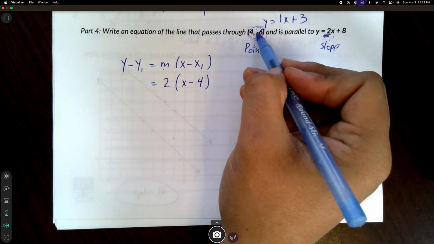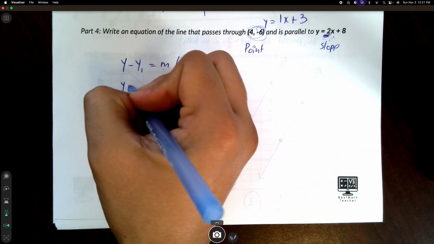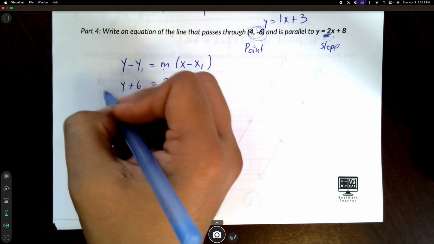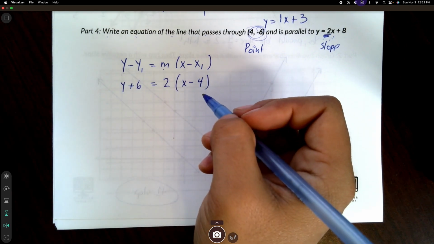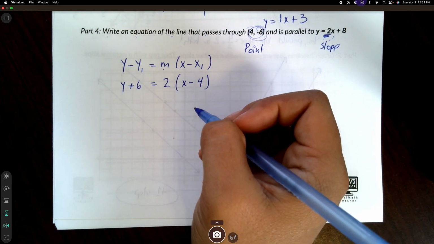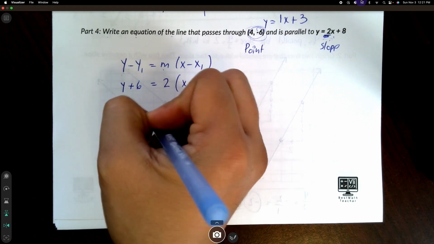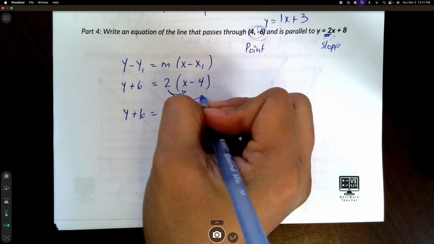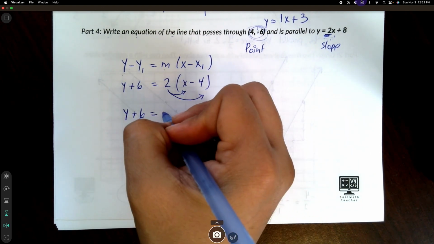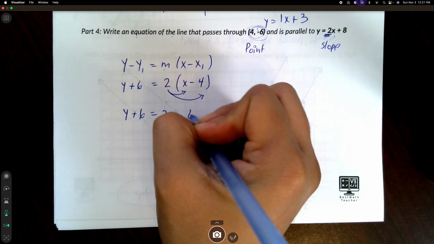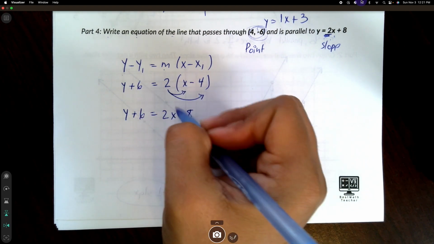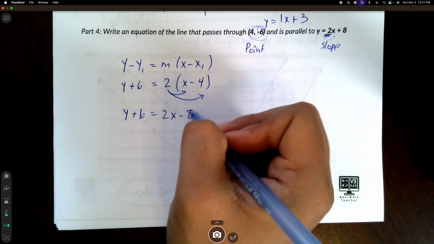And then our y value is a negative 6, so we write y minus minus turns positive. So this is us plugging everything in. So let's simplify. So this is y plus 6 equals, multiply the 2 and multiply the 2, distribute. So 2x minus 8, because 2 times x is 2x. 2 times negative 4 is negative 8.